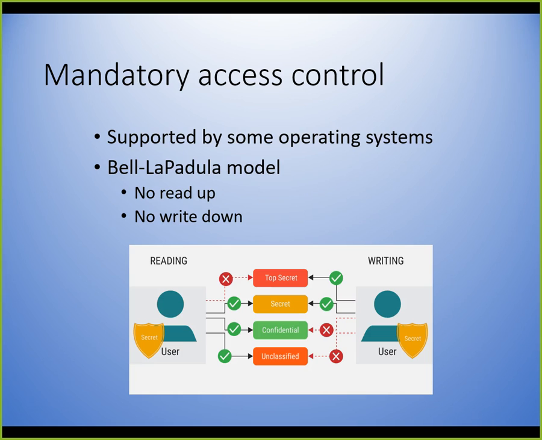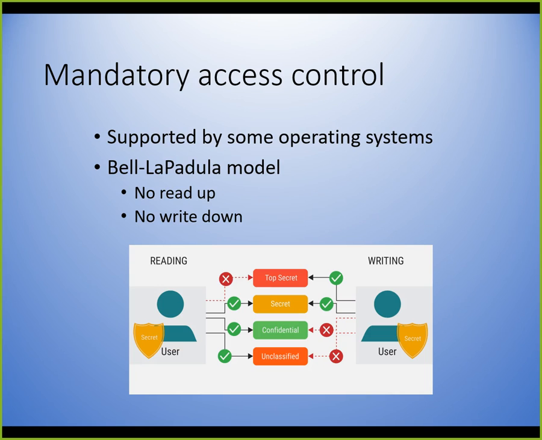The mandatory access control, and I've got a couple of other slides, is supported by some operating systems, and it's one that the military typically uses, the Bell-LaPadula model, which says no read up and no write down. In other words, the user on the left reading has a secret clearance. He can read below, but he can't read up.